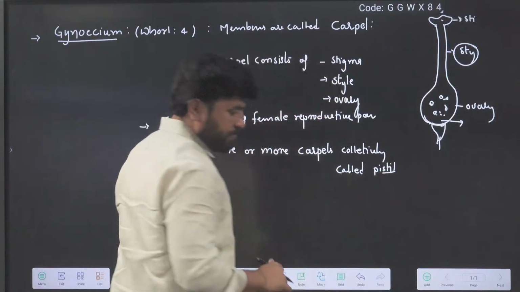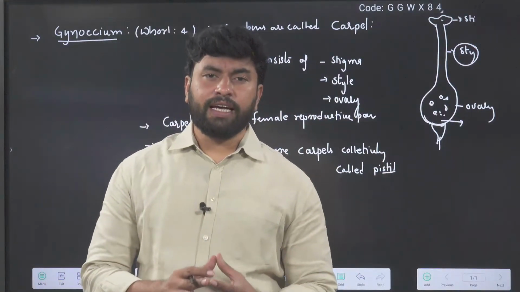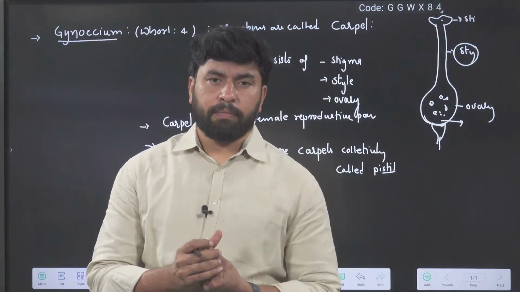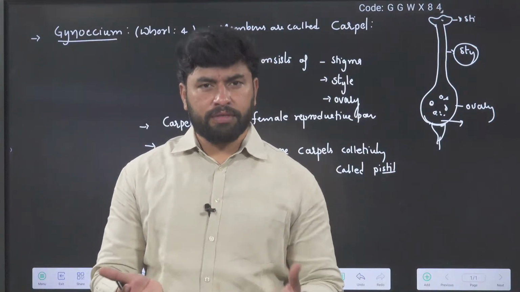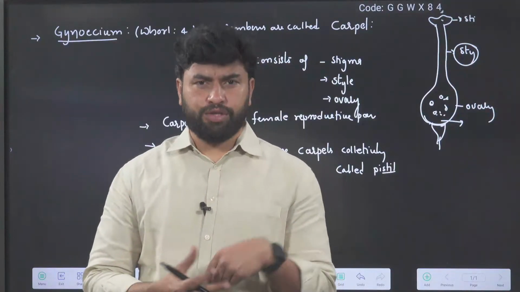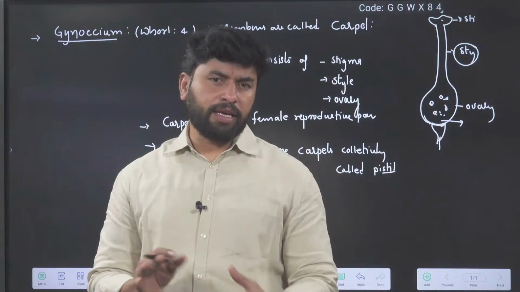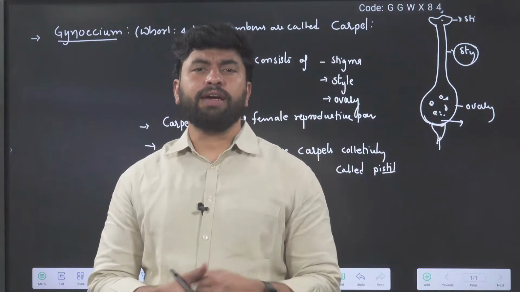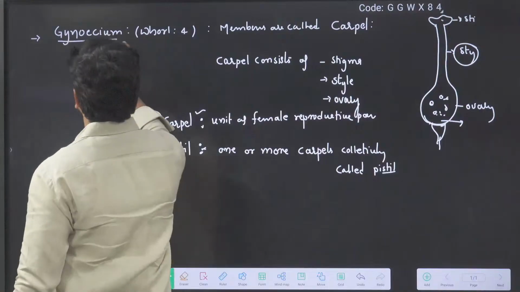For example, imagine there is a flower that has only one carpel. Do we call it as having a pistil? Of course, pistil is nothing but Gynoecium. In that case, more than one carpel or a single carpel, anyone you can call pistil. Pistil is equivalent to Gynoecium.